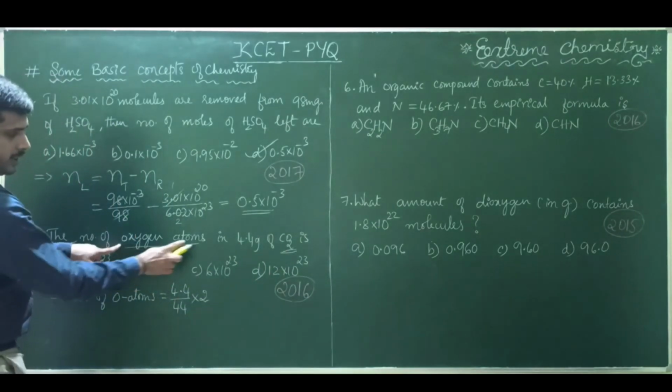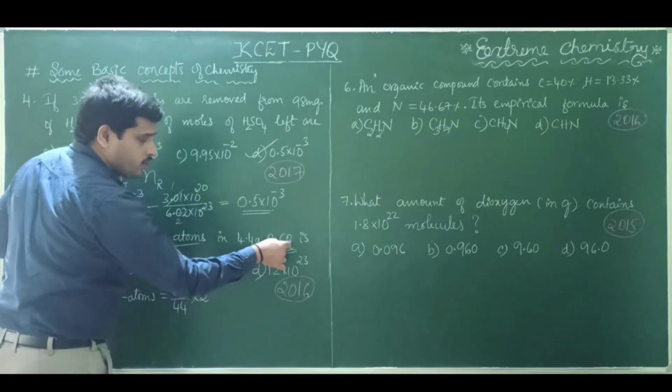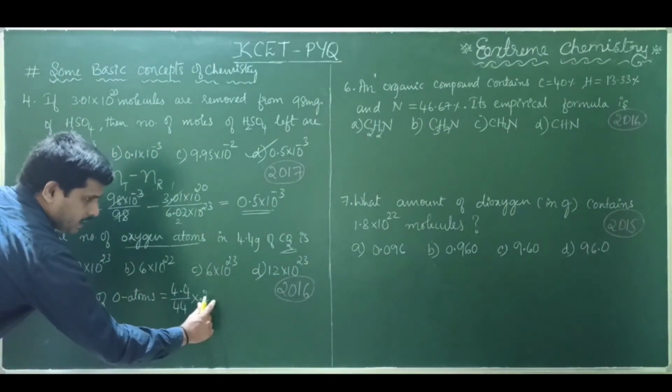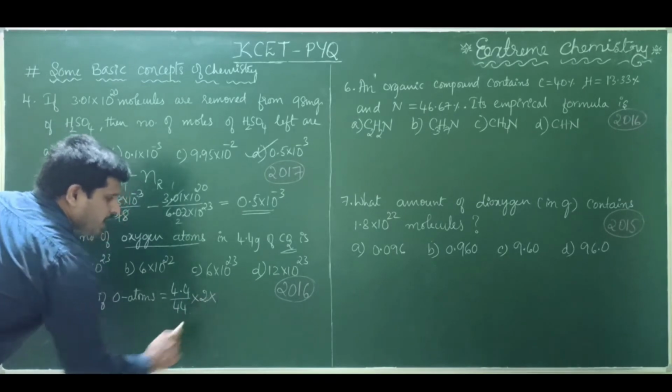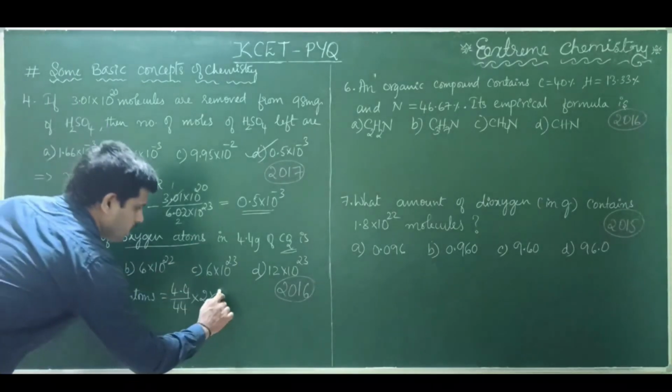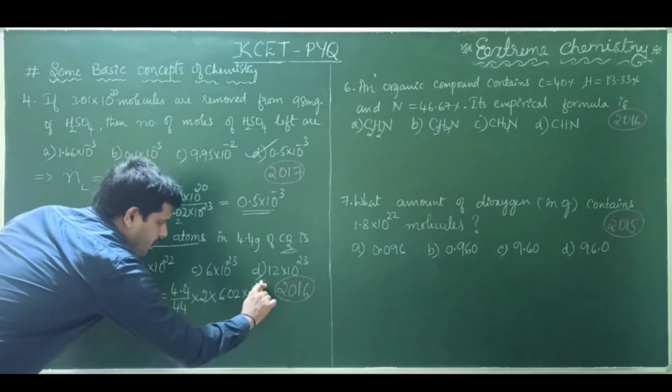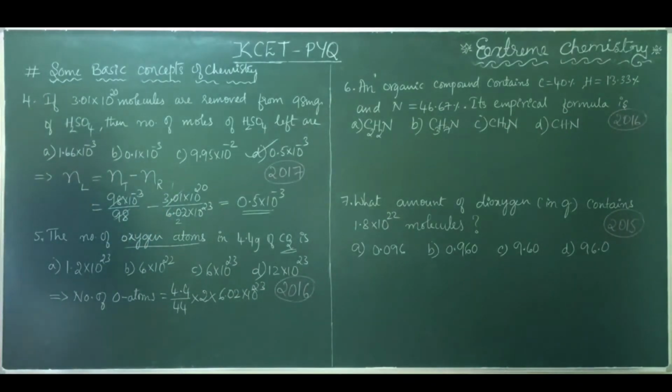Because the oxygen atoms present in 1 molecule of CO2 is 2. So moles into the atoms of oxygen. What next? Each mole contains Avogadro number, so multiply by that, 6.02 into 10 to the power 23. That will be done now related to this problem.